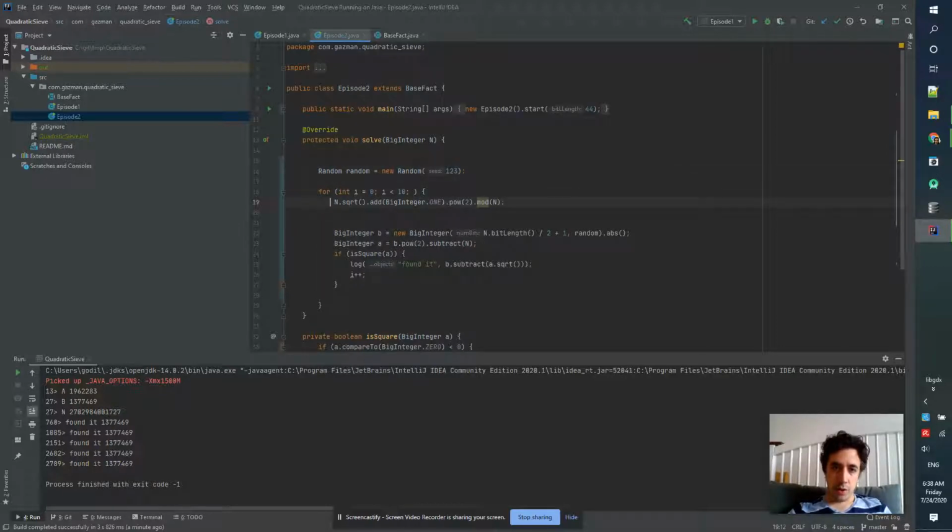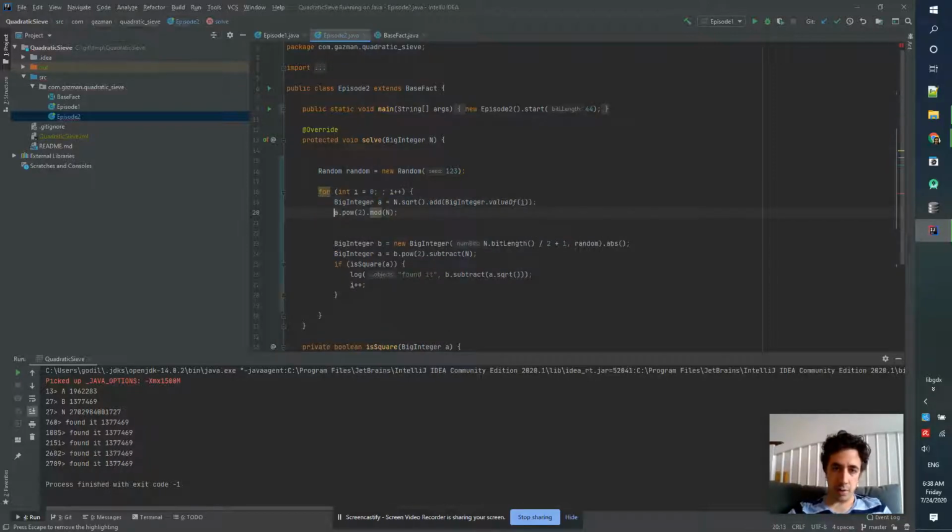We are going to search for those numbers. Let's have a loop of i's forever, no stopping condition. And let's look at the big integer value of i. This is the number that we are checking.